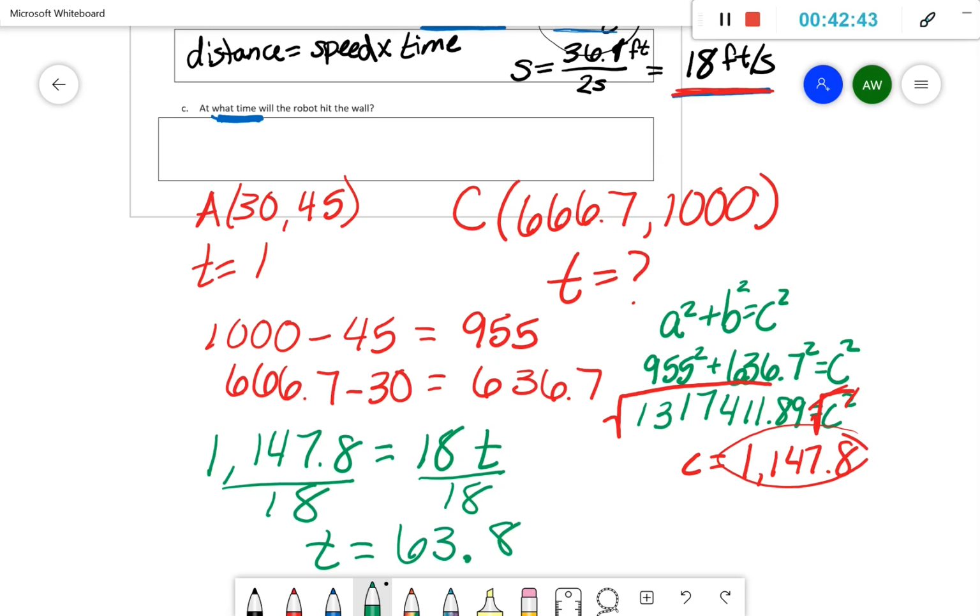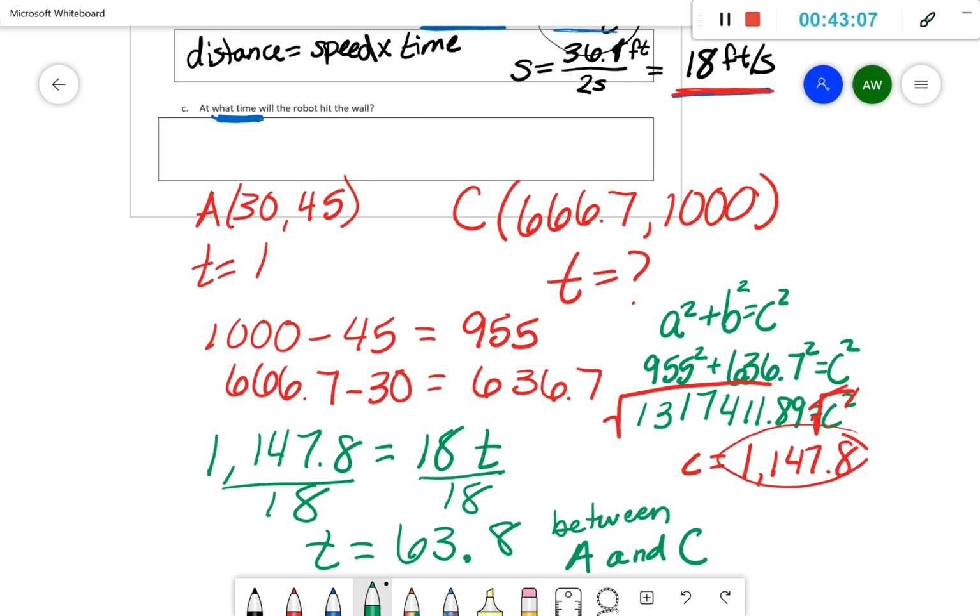Now, if you wrote down 63.8, I would not blame you. But there is one last step that we have to do if we want to actually be accurate. This is the amount of time between point A and point C, if point C is where we hit the wall, right?